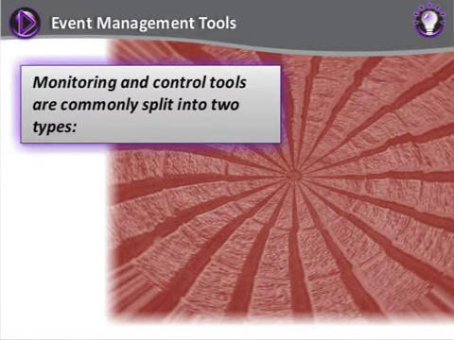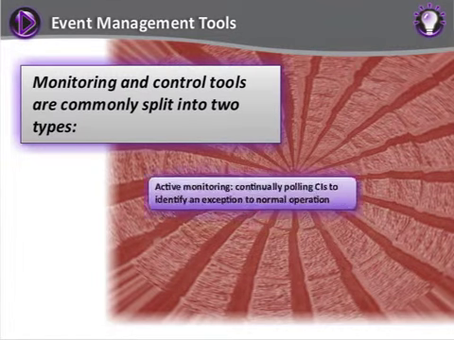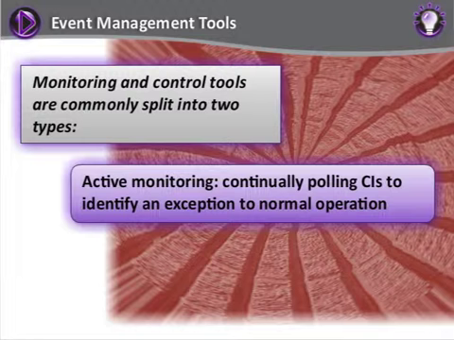Monitoring and control systems and tools are typically split into two main types. Active monitoring tools. These tools continually poll configuration items about their status and availability. Exceptions will create an alert that needs to be communicated to the relevant team or tool for action.